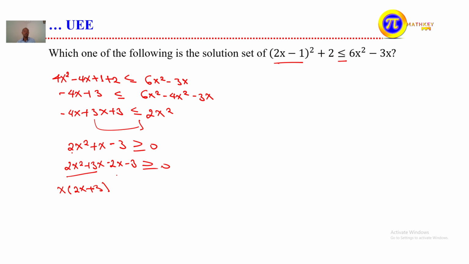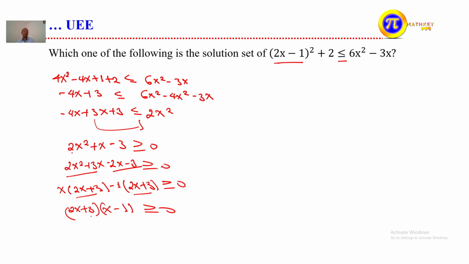Similarly, when you take a common factor for negative x minus 3, you have negative 1. So the common factor in both cases is 2x plus 3, which is greater than or equal to 0.